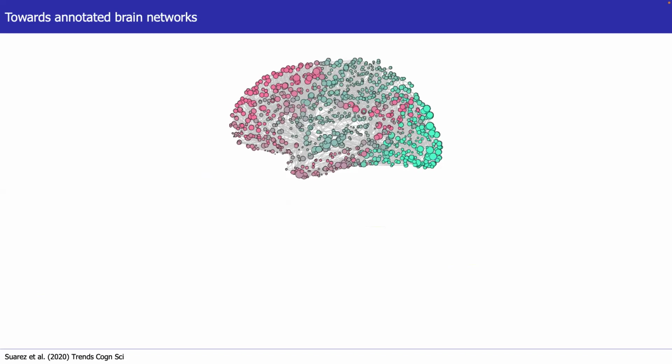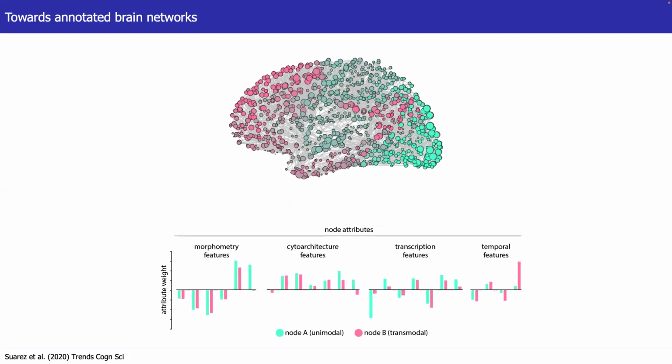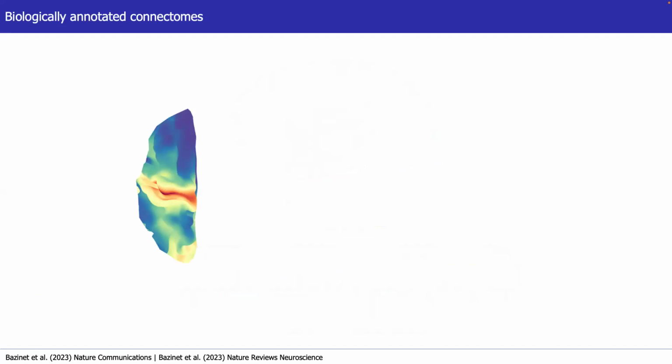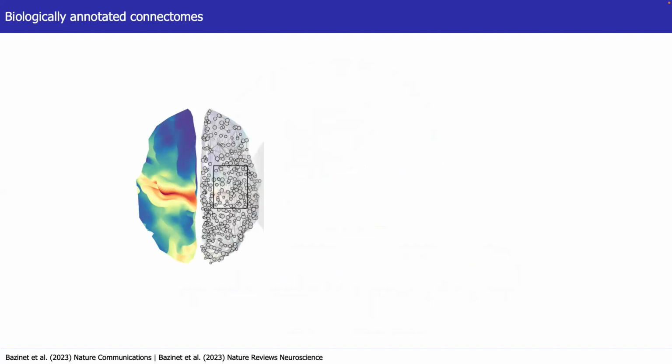All areas are different. They're different in terms of their cytoarchitecture, gene expression, neurochemical signatures, and so on. And our modern tools for looking at brain graphs don't really account for that. What you can do is take the kinds of maps that I just talked about, these various maps of microscale features, and superimpose them on your graph.